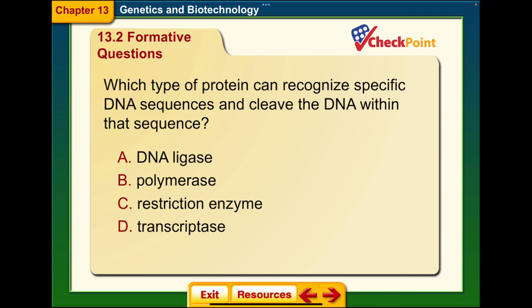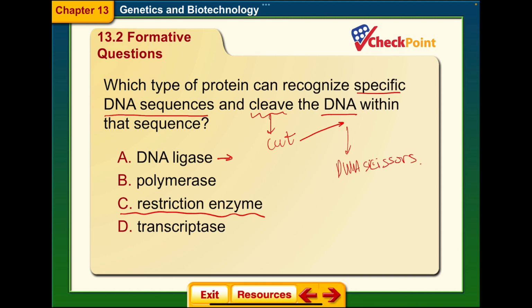Which type of protein can recognize specific DNA sequences and cleave? We said cleave is cut the DNA. And whenever we talk about cutting or cleaving the DNA, we are talking about our DNA scissors. When we talk about DNA scissors, we are talking about restriction enzymes, because DNA ligase is our glue, right?